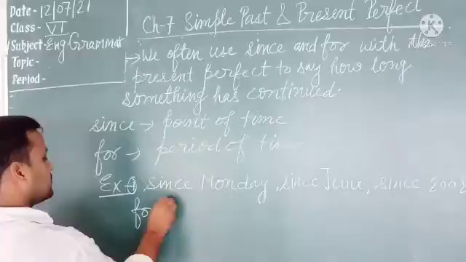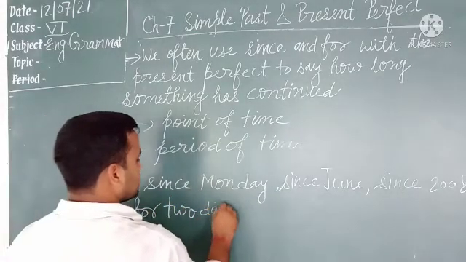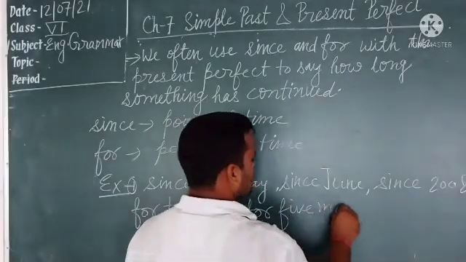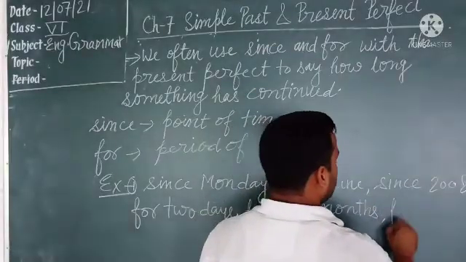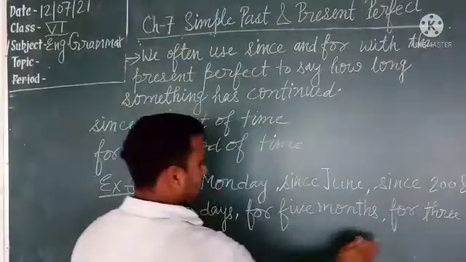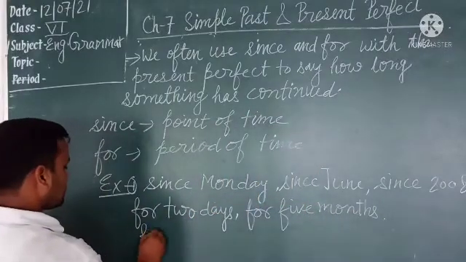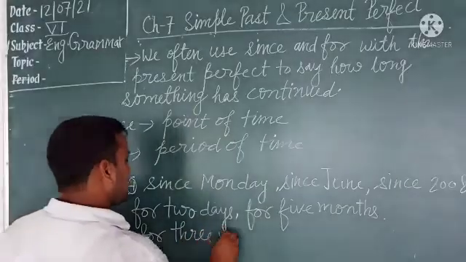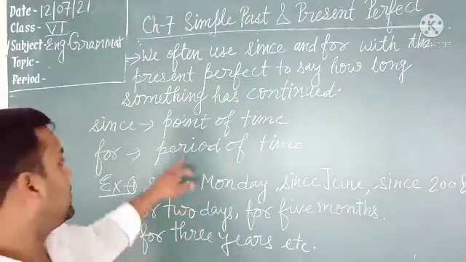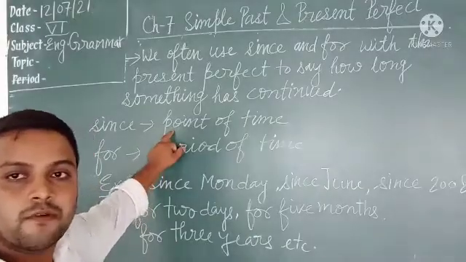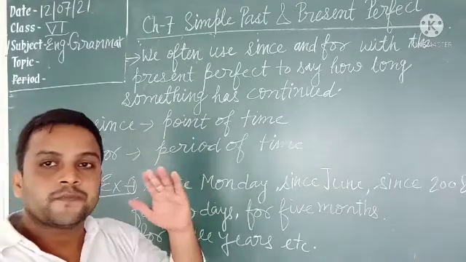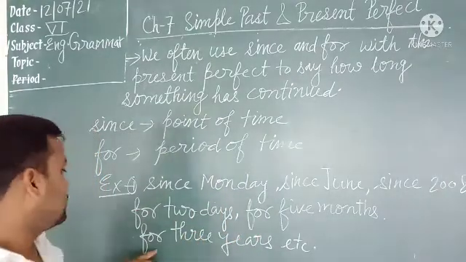and for 2 days, for 5 months, for 3 years, etc. So students, when time is fixed, then we will use since, and for a period of time, when the time is not fixed, when there is counting of days, months, years, weeks, then we use for.